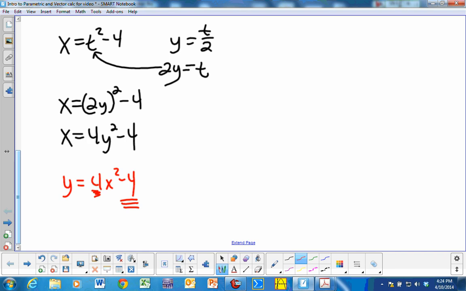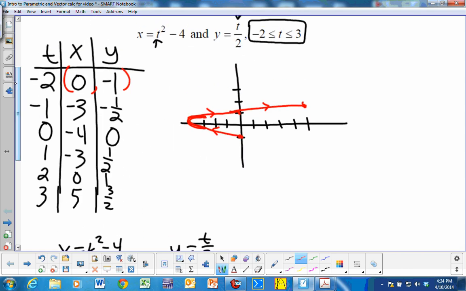Well, when you switch x and y, all that does is turn it so it opens to the right. Right is equivalent to up, and then it went left 4 instead of down 4. And if you look at this graph, it appears to do exactly that. You can see that it looks like it opens to the right. It looks like a parabola that opens to the right, that's skinnier than normal and has been moved down 4.